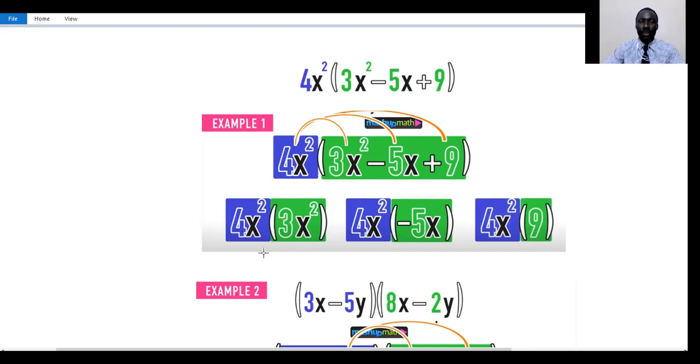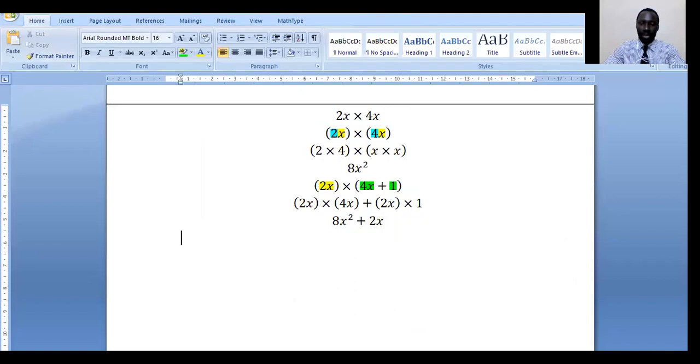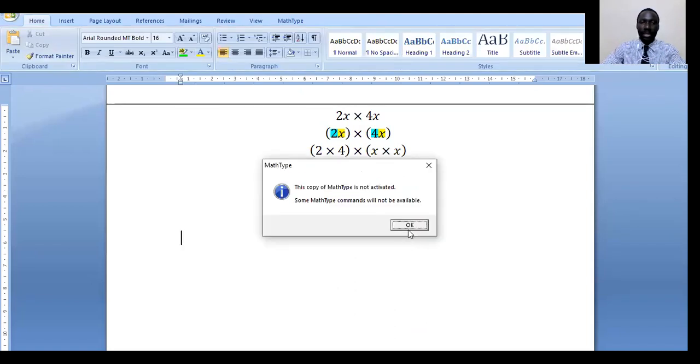To simplify means now we have to multiply 4 by 3, then x squared by x squared, then later 4 by negative 5, then x squared and x, then also 4 by 9, like that.